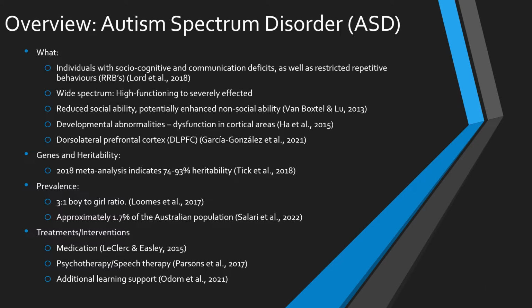Moreover, those on the autistic spectrum comprise approximately 1.7% of the Australian population. Treatments for ASD are vast and include medication, psychotherapy, and speech therapy, as well as additional learning support and more.